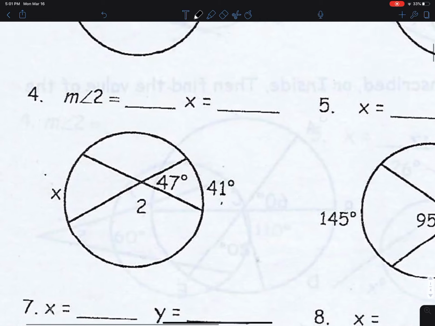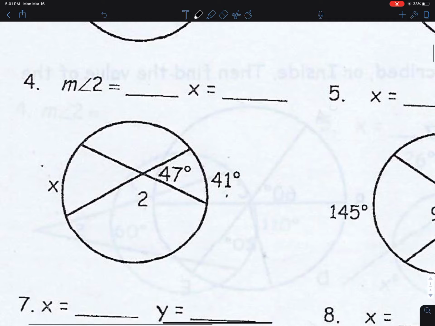So let's jump down to number 4. It's asking us to find the measure of angle 2 and x. So we have to find both things. The measure of angle 2 is easy because this is a straight line. And what do we know about a straight line? We know that a straight line is 180 degrees. So if this side is 47, then you should be able to figure out what this angle is.